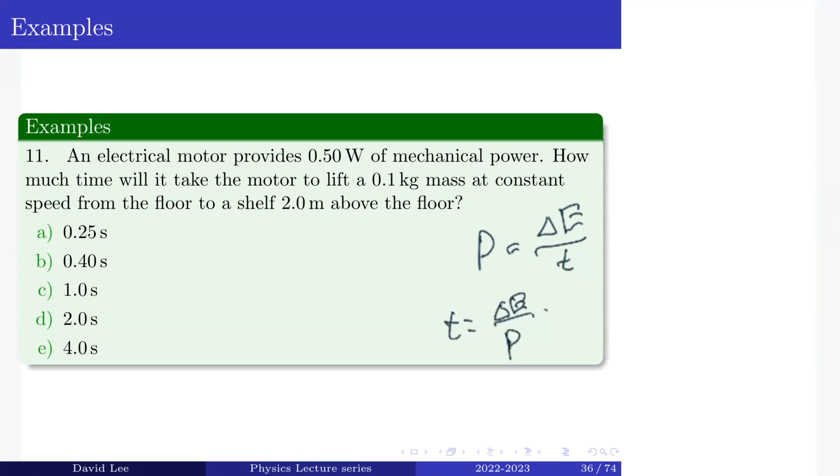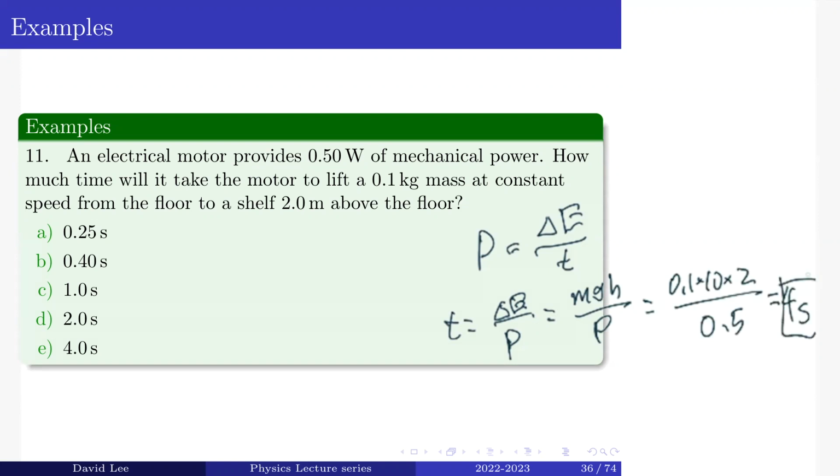In our case, energy is mgh over our power. If you plug in the numbers, m is 0.1, g is 10, h is 2, power is 0.5, and this will give us 4 seconds. So that's our answer.